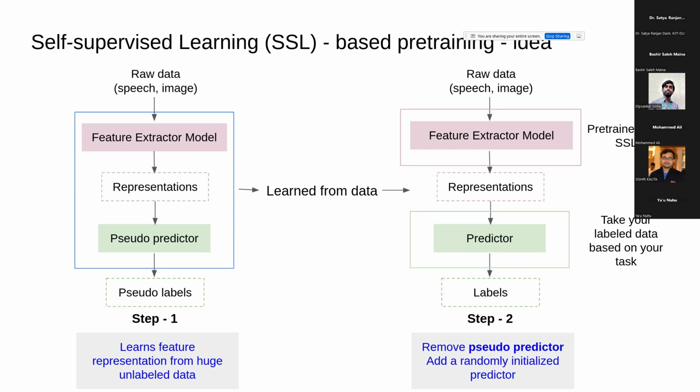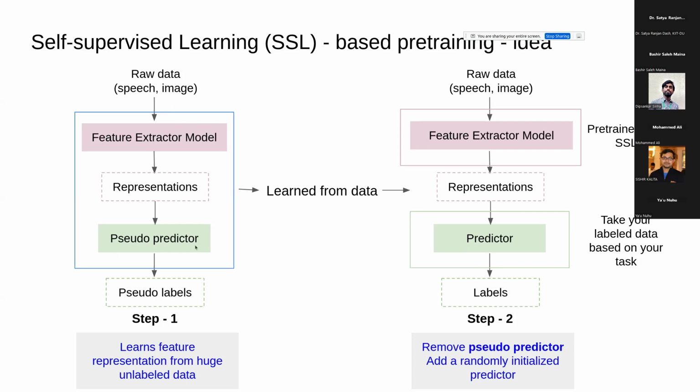So what people do is generate labels from the data itself. How to generate labels from data itself, we'll discuss. You have a huge amount of speech data. We have some big models where we have a feature extractor model and these representations, and here some kind of pseudo predictors are there.